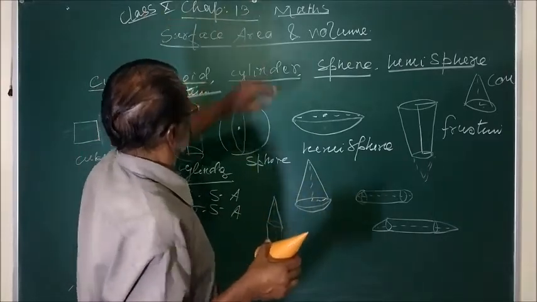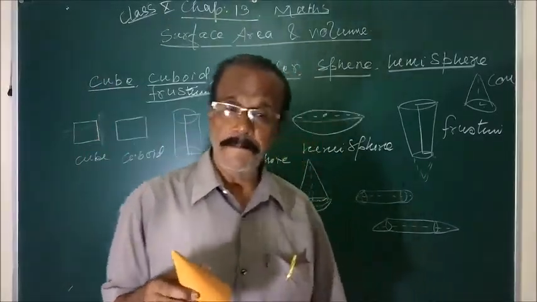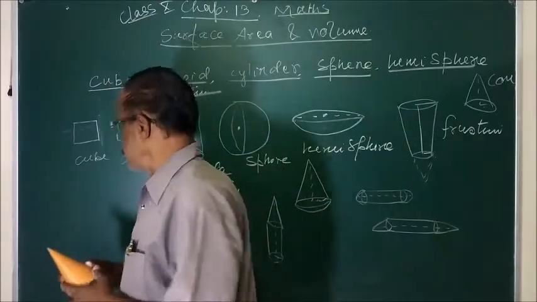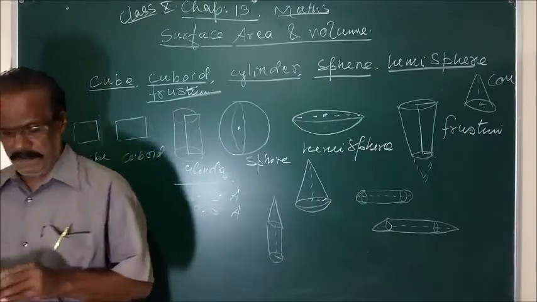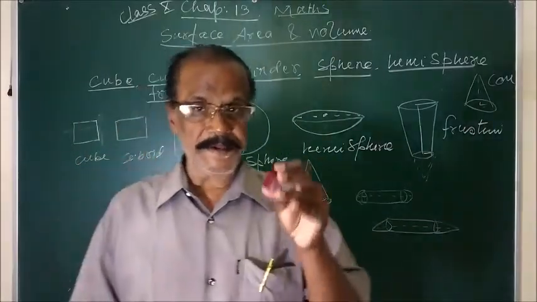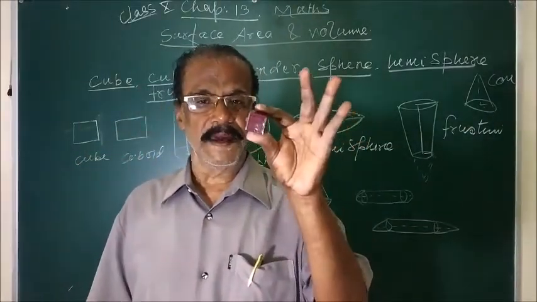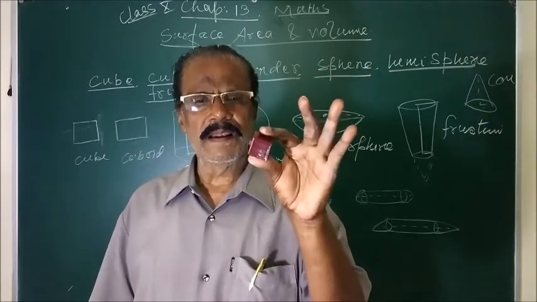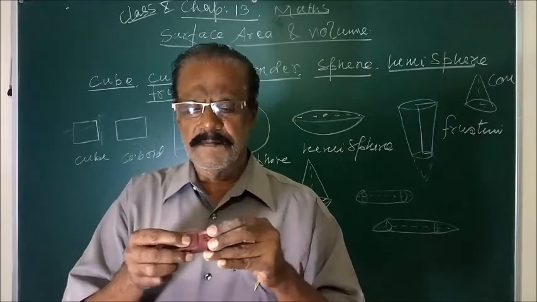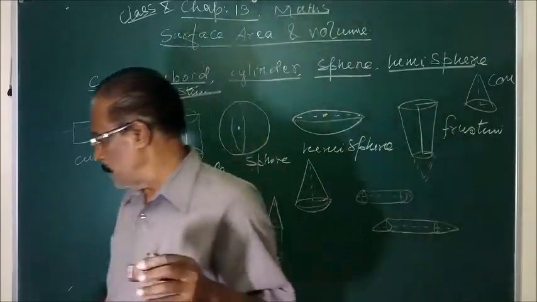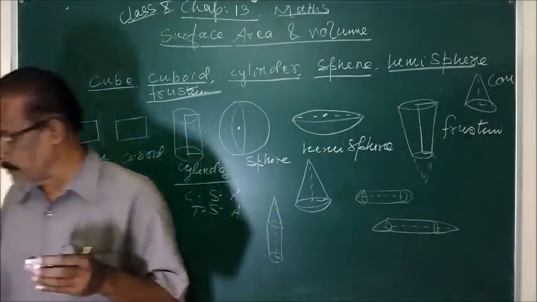So first you see about surface area. Surface area, I re-explain. Cube: this is the cube whose edges are equal, length, breadth and height are equal. If you join many cubes together, now you see we have 3 cubes.